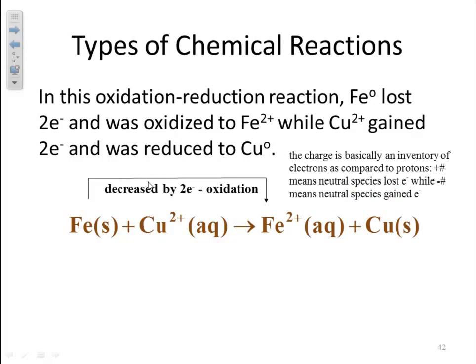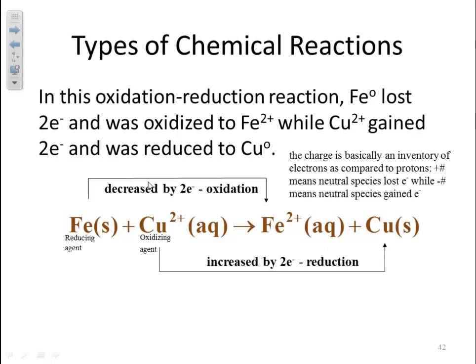So a positive number means the neutral species lost electrons, while a negative number means the neutral species gained electrons. Copper 2 plus went to copper 0, and that's a case where it increased by 2 electrons, so its oxidation number went lower, and it's a reduction. Iron solid is a reducing agent, since it's undergoing oxidation, and copper 2 plus is an oxidizing agent, since it's undergoing reduction.